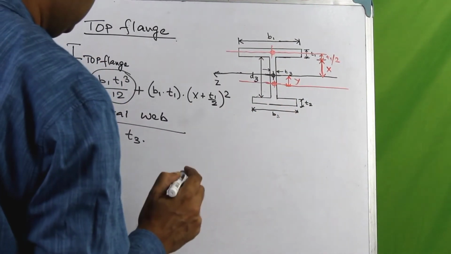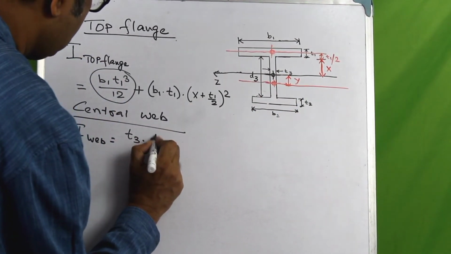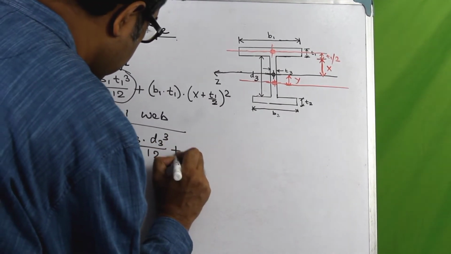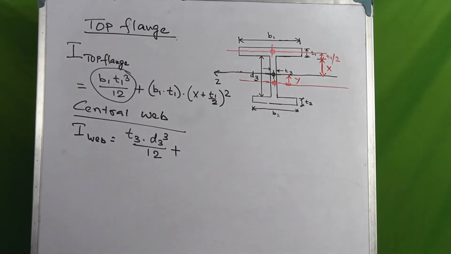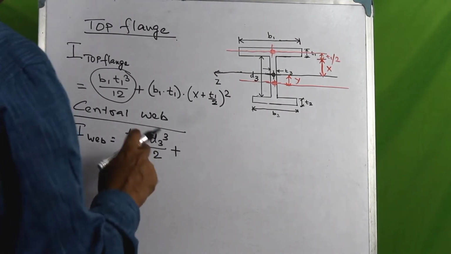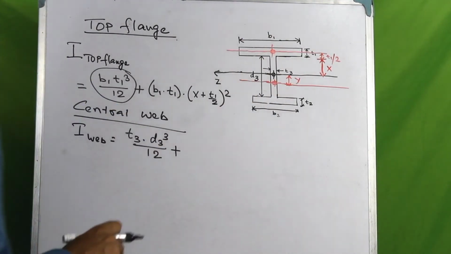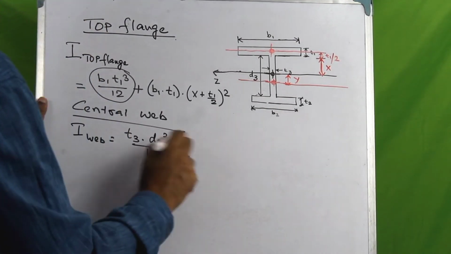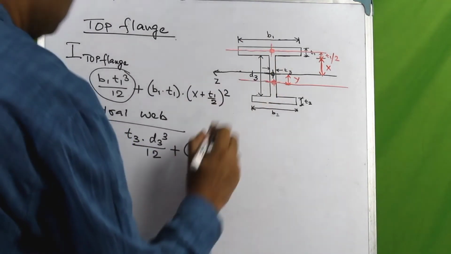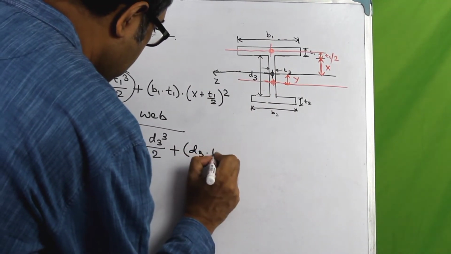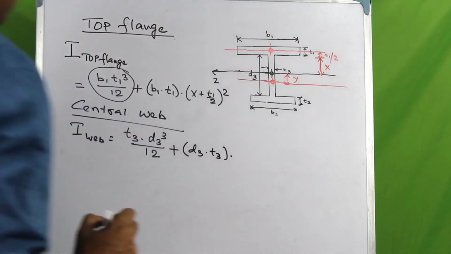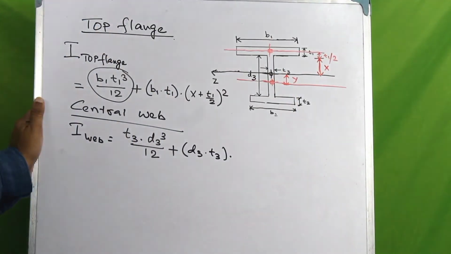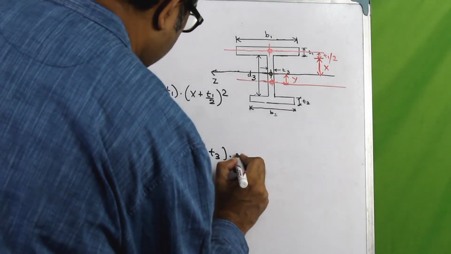So it will be t3 into d3 cube by 12, and then when we are transferring that moment of inertia to the centroidal axis of the whole cross section, we want to add the product of the area, which would be given by d3 into t3, into the square of distance between these two centroidal axes, which would be y square.